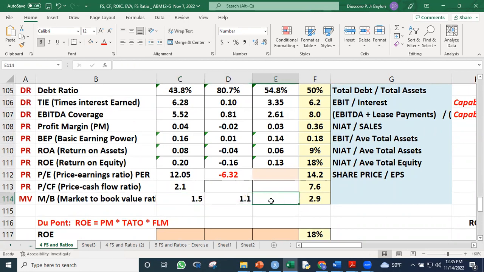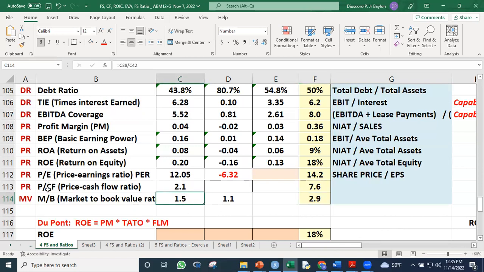Comparing the market value with the book value, the higher the better. It means the price of the company, its capital appreciation, has grown. Our direct competitor is 2.9. So if we compare the book value to the market value, the market price is higher, which is good. So we lose in terms of market to book value ratio.